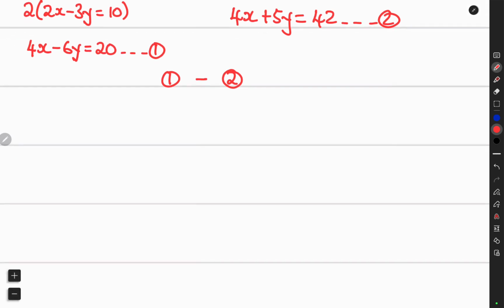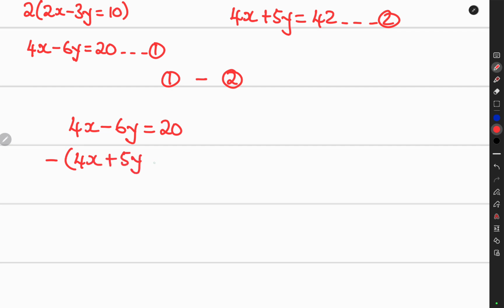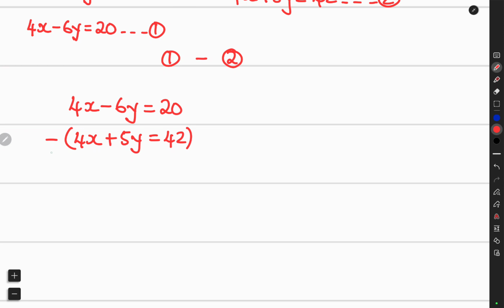That will be 4x minus 6y equals 20, minus 4x plus 5y equals 42. So this will give us the value of y.